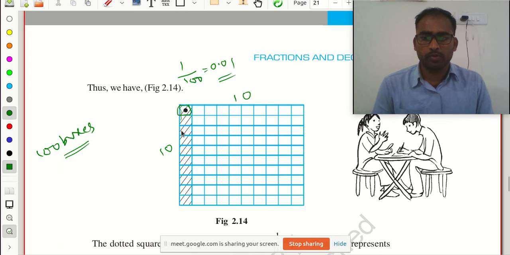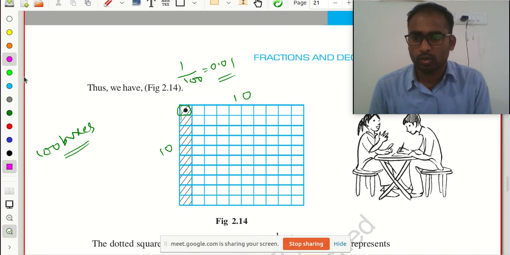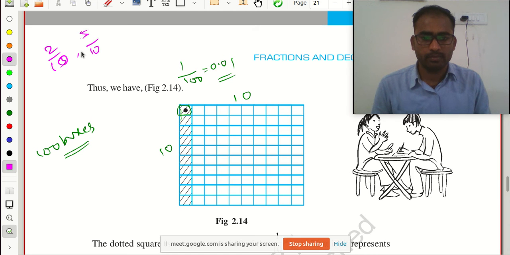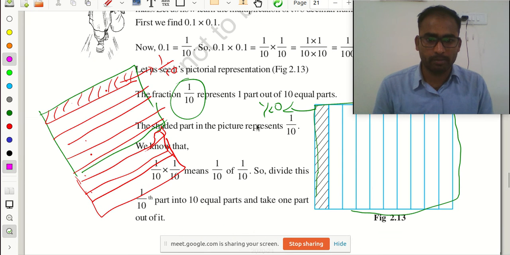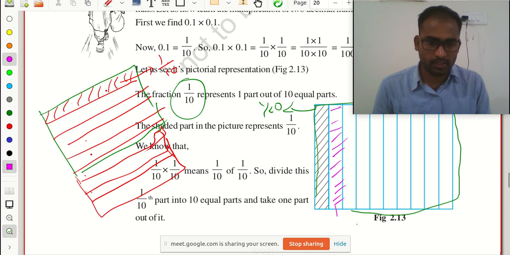Suppose you are having 2 by 10 and 5 by 10. Here 2 by 10 means 2 out of 10 boxes. If I consider this one now, I can write this as 2 out of 10.